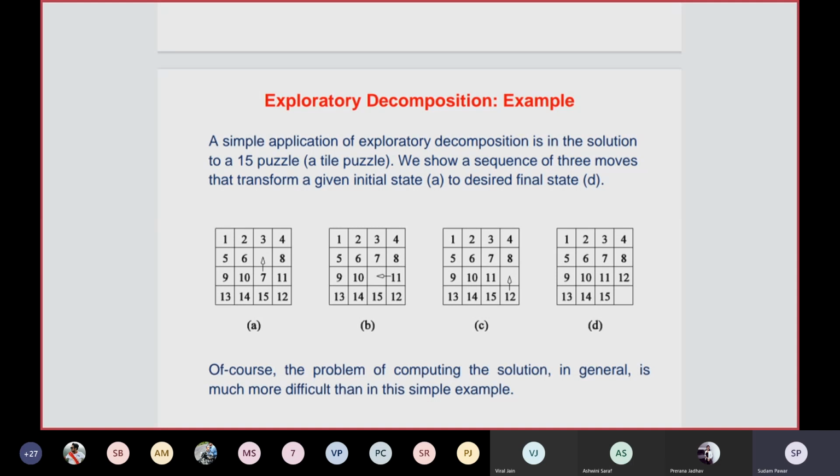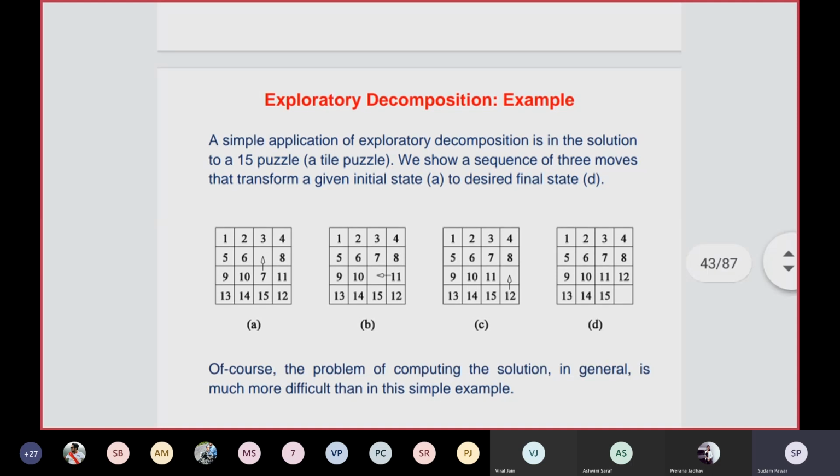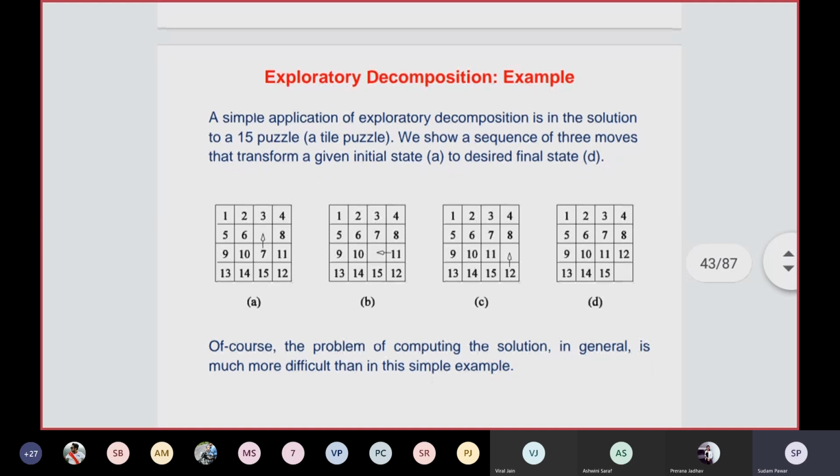In the current example, the seventh space is blank there. That's why you can move 7 up, or you can move 6 towards the right, 8 towards the left, or 3 downward. These are the possible moves, but in order to get the desired result, you have to follow a particular sequence of movements.